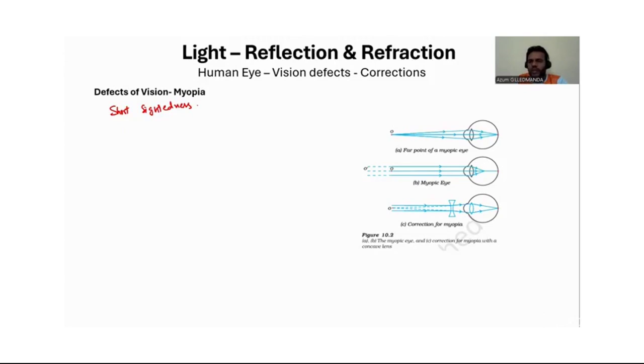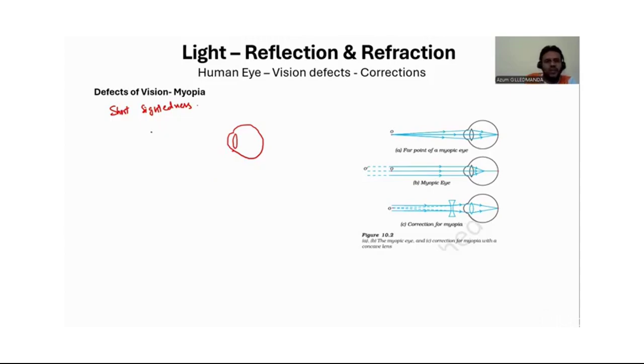Basically, what happens is our normal eye, right? Let me try to draw this diagram. I'm drawing with free hand, so I may not get exactly the same as what you have here. Let's say this is our eye.